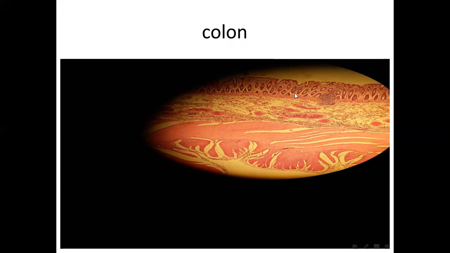From here to here is the mucosa. Here is the muscularis interna and the lamina propria, having all these crypts of Lieberkühn and the lining epithelium with simple columnar epithelium. And what you see in front of you are lymphoid nodules extending from the lamina propria to the submucosa.